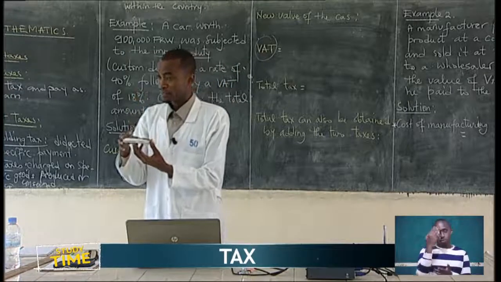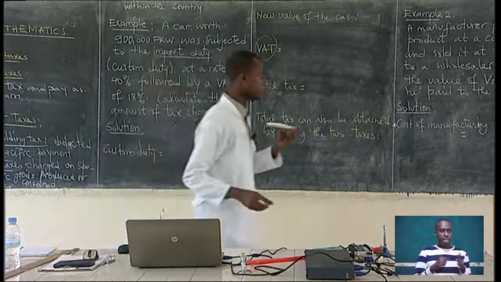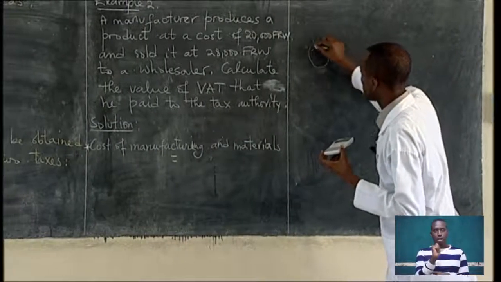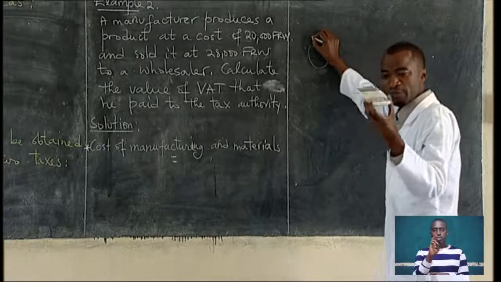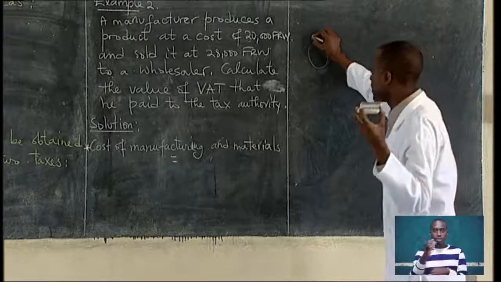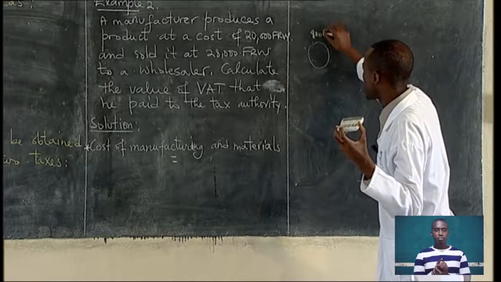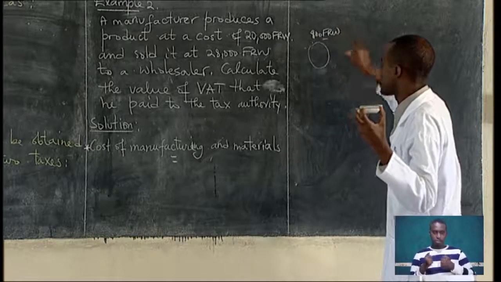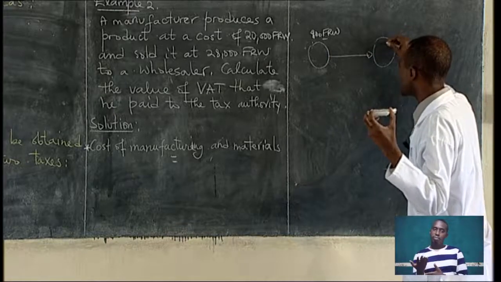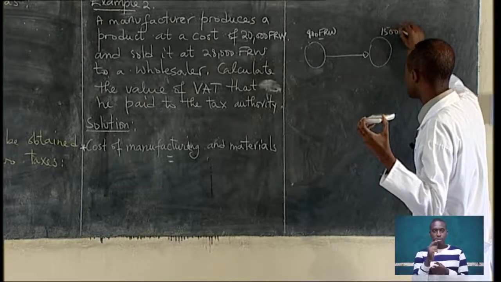Let's say for this calculator to go out from the company, I have spent 800 Rwanda francs on it. And then you sell it, and they give you 1,500 Rwanda francs.